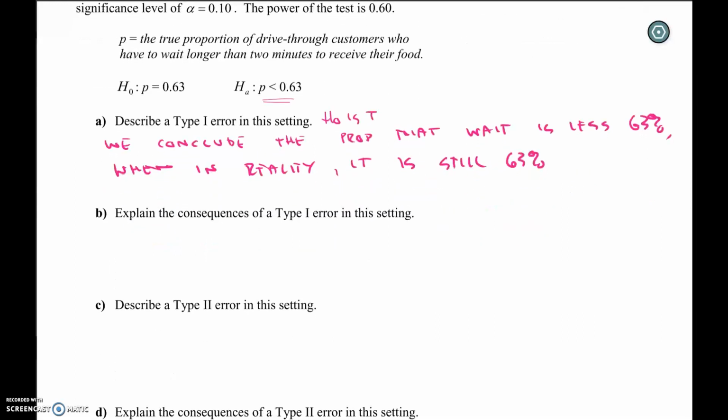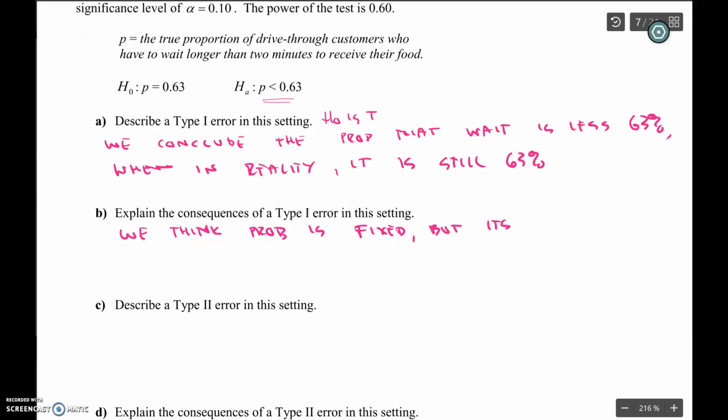Explain the consequences. Well, we think the problem is solved. It's fixed or is better, but it's not. And we probably will continue paying this employee, even though that employee is not helping.